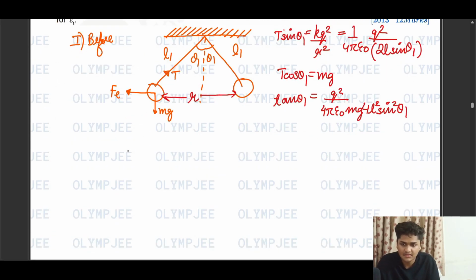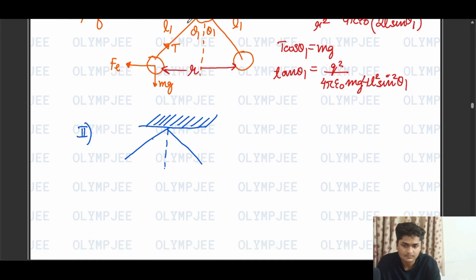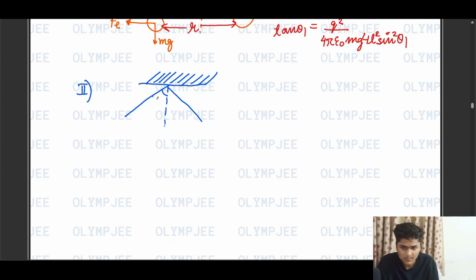And after immersing in the liquid, the buoyant force will be upwards, tension will be here, mg will be here, and the electric force will be here. Tension will change, it will not remain the same.